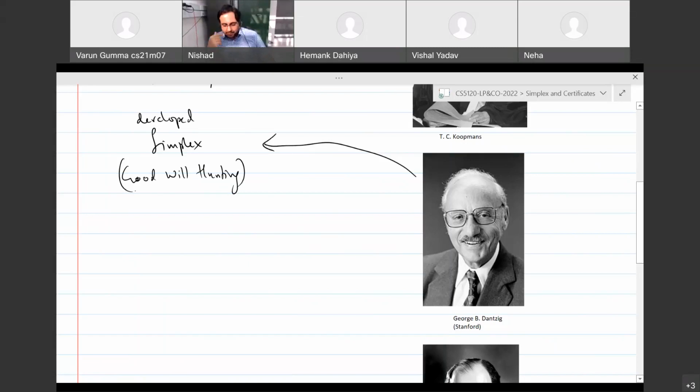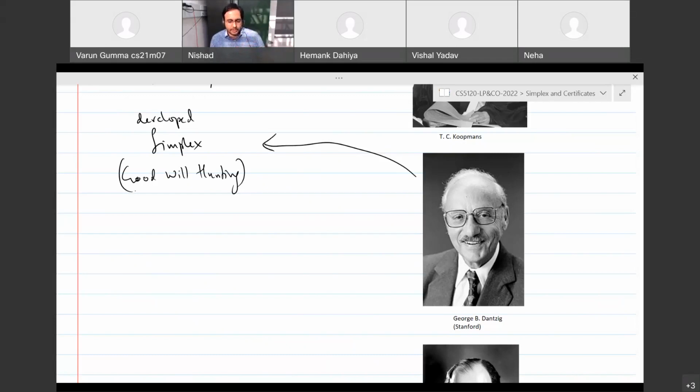So I have a few things written about him here. He's a US American mathematician and scientist. He gave general LP formulations for planning problems in the US Air Force. And he developed the simplex method, which is very efficient in practice, but it's not known to be efficient in theory, right?